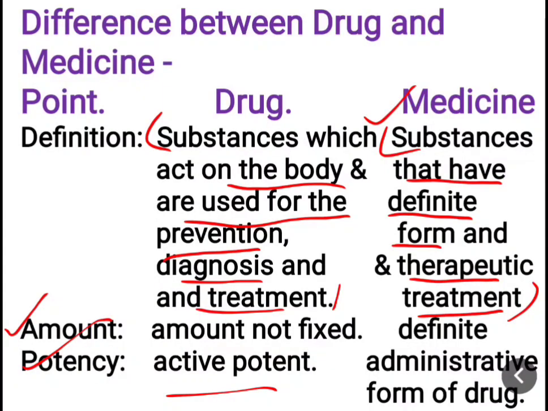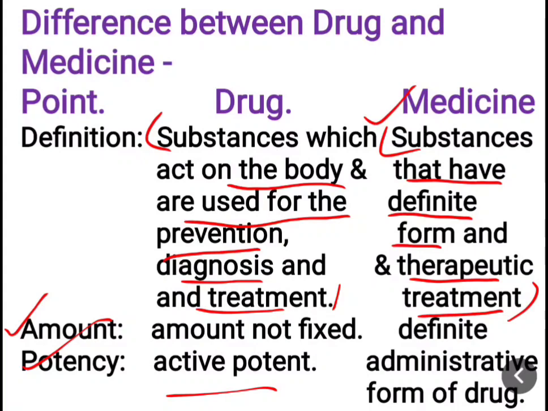Now next one, the difference between drug and medicine. Points: definition. A drug is a substance which acts on the body and is used for prevention, diagnosis and treatment, and medicine is a substance that has a definite form and therapeutic treatment. Amount: for a drug the amount is not fixed, while medicine has a definite amount.